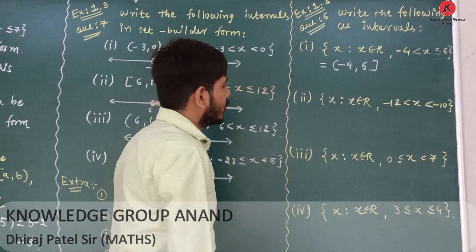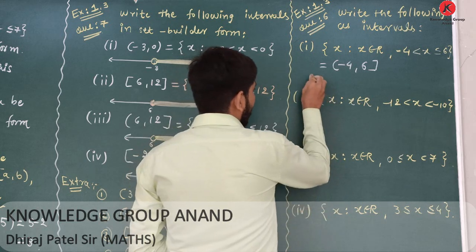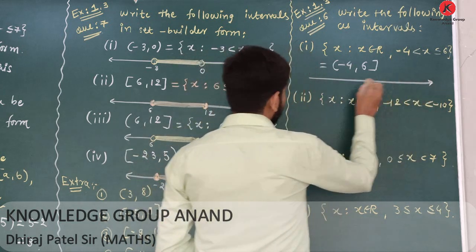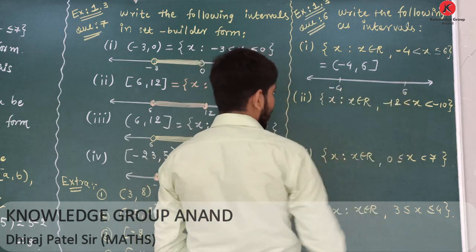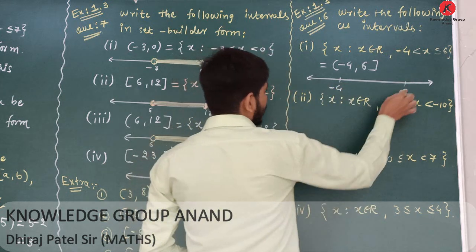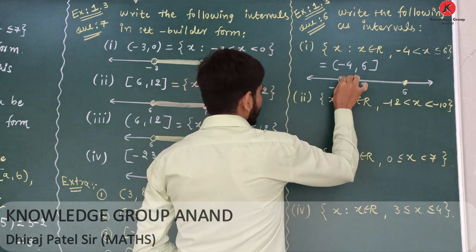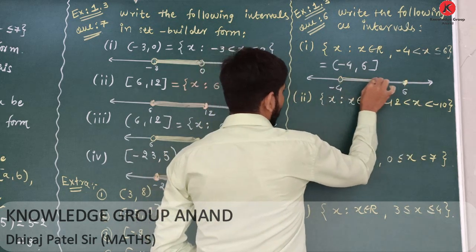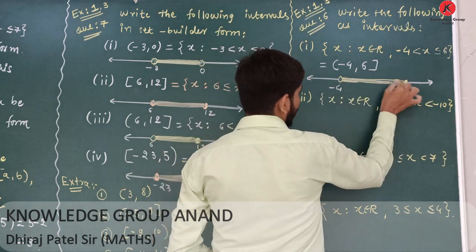Okay, you can also represent this on the number line. The representation of this on the number line is: -4 and 6, we have to include 6 but not include -4, therefore hollow circle is there, and all the real numbers lie between -4 and 6.